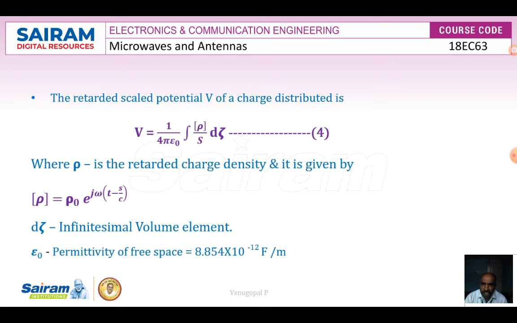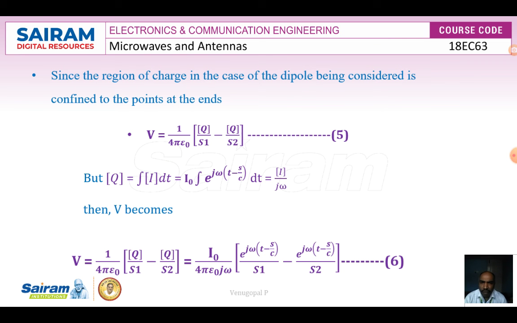Then the retarded potential V of a charge distribution is given by V is equal to 1 by 4 pi epsilon naught integration of rho by S into d tau. Call it equation number 4, where rho is the retarded charge density, given by rho naught into exponential of j omega into t minus s by c, where d tau is the infinitesimal volume element, and epsilon naught is the permittivity of free space, which is equivalent to 8.854 into 10 power minus 12 farads per meter.